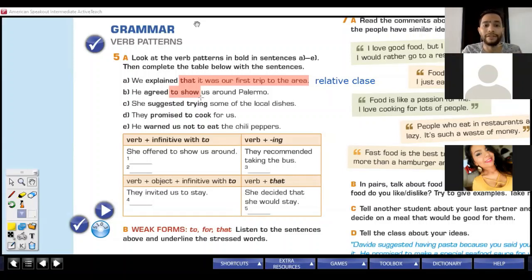Now we have infinitives, which means that here we have the infinitive with to. So after the verb agree, we are going to use to all the time, to show.